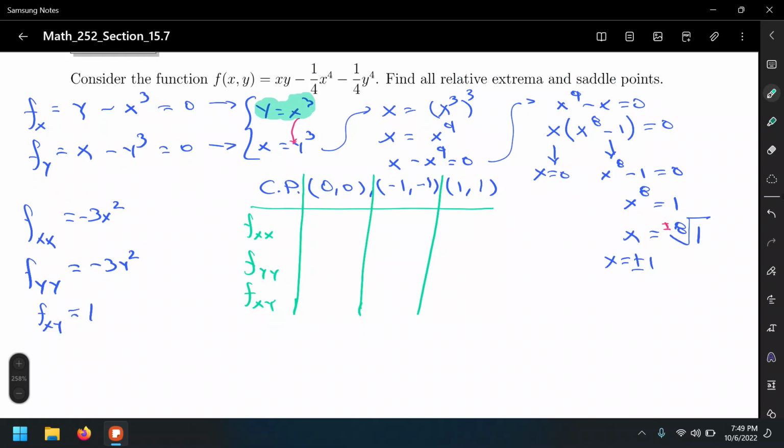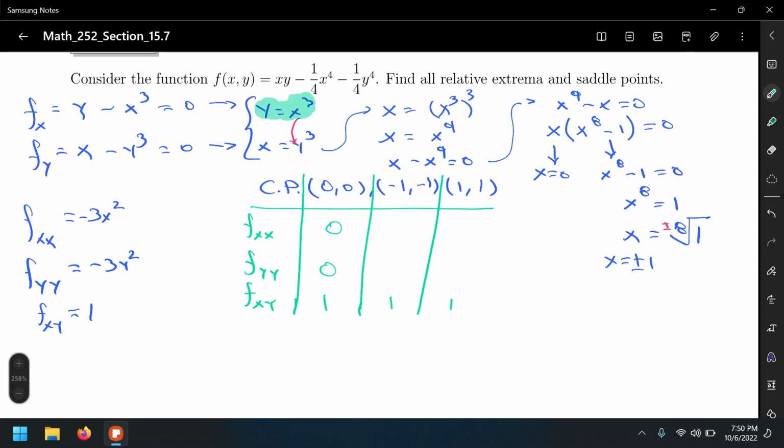In this case, let's evaluate the second derivatives at the point (0, 0). What is this going to give us? Is it not a 0? And what about also 0 for the second partial with respect to y, and fxy? It's 1 for fxy. Okay, so let's evaluate this for the second critical point.